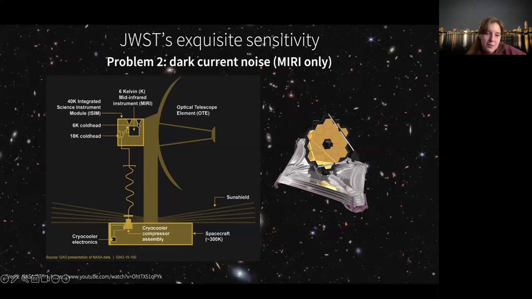And so this cooling system has multiple parts, but one of the main ideas for how it works is that it uses liquid helium, and it uses the properties of what happens when you compress and expand gas, and how the expansion of gas leads to cooling.